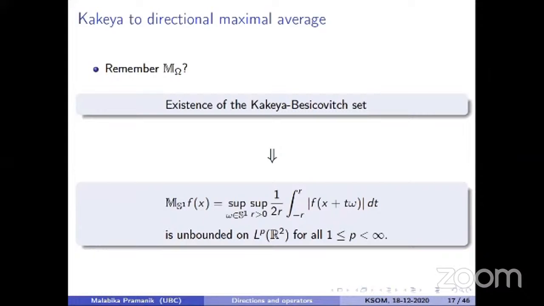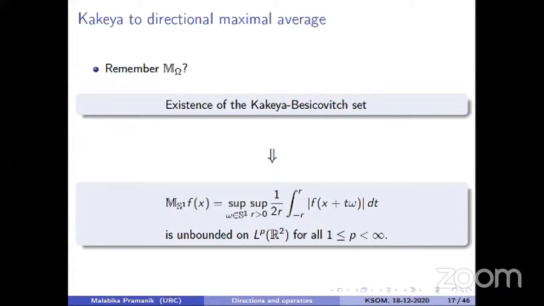More precisely, the existence of the KB set dictates that m sub S1, where S1 is the unit circle, is unbounded on all the Lebesgue spaces LP for p in 1 to infinity, including 1 but excluding infinity.